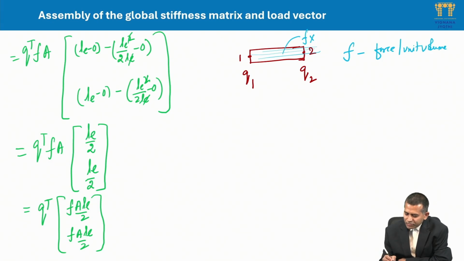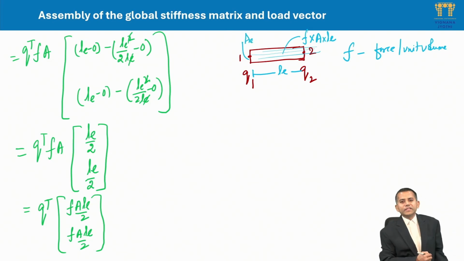So what is the volume of the given element? That is cross sectional area into length of the element. This is the length LE of your element, and the cross sectional area of this element is A. So that means this is f into A into LE, the total body force in this element.